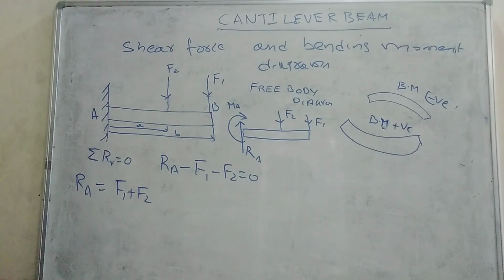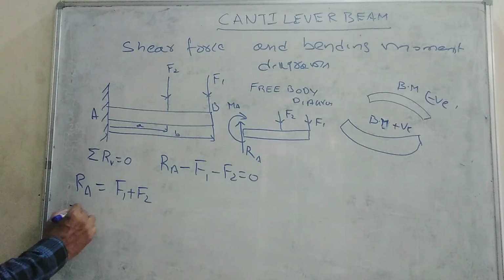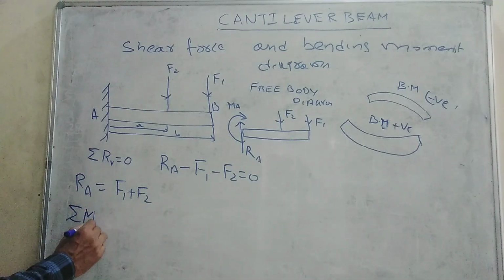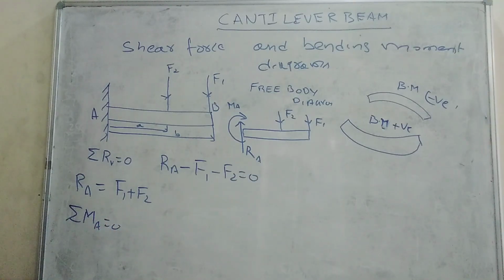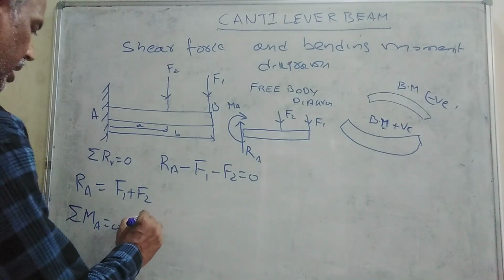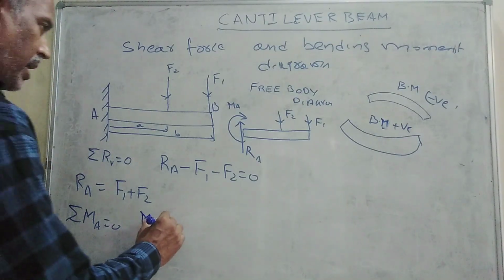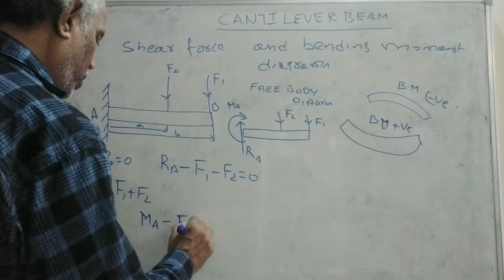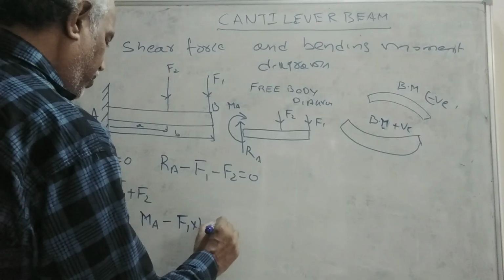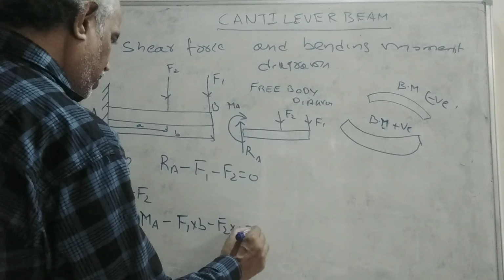The other part of this free body diagram is sigma moment about A is equal to 0. That means MA minus F1 into B minus F2 into A is equal to 0.